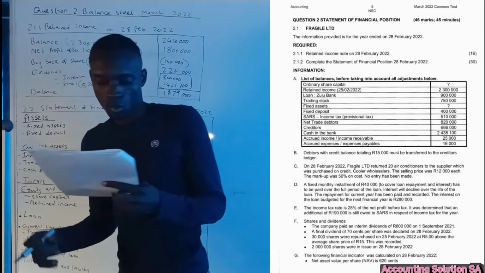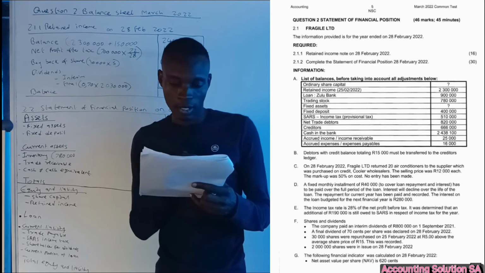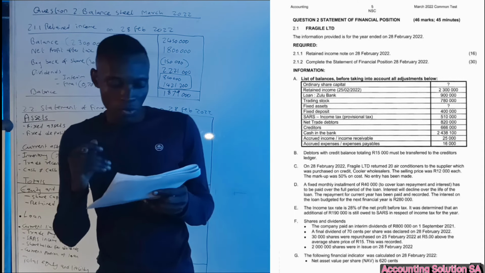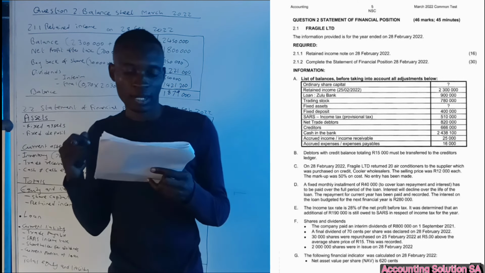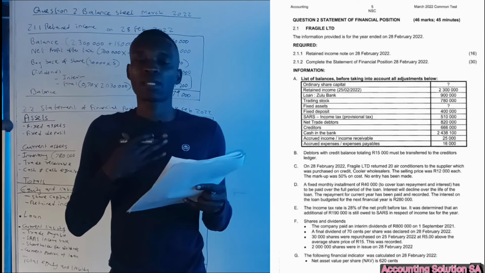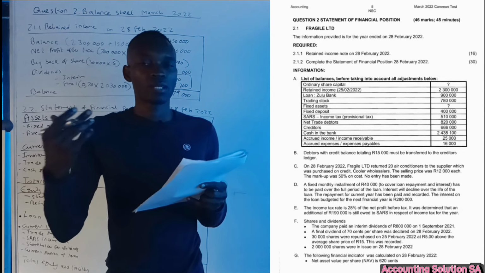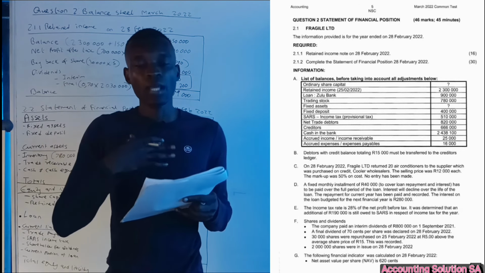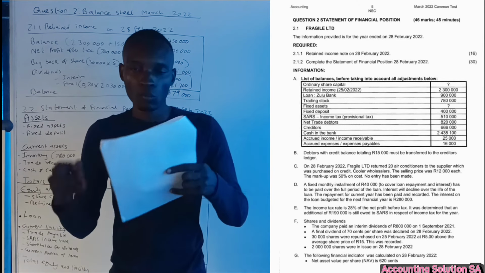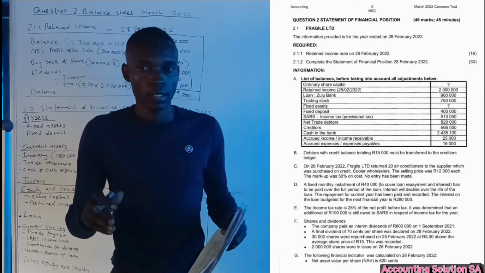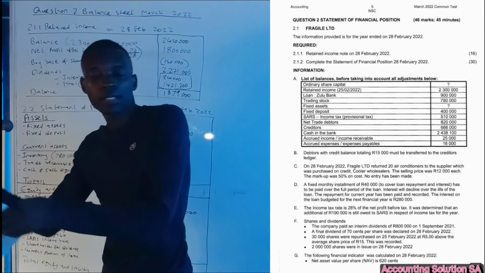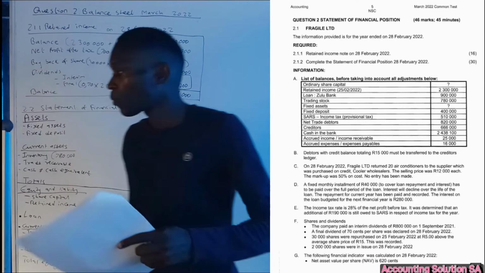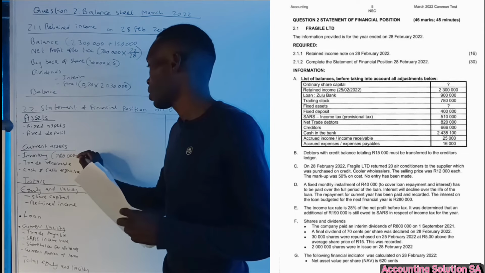All right, so let's read this transaction again, guys. On 28 February 2022, Fragile Ltd returned. Fragile is us, which means that we are the one who did what? Who returned. It's not a customer. So if it's us who return, which means that we take it from our store and return it to the supplier, so we have to subtract what we got.